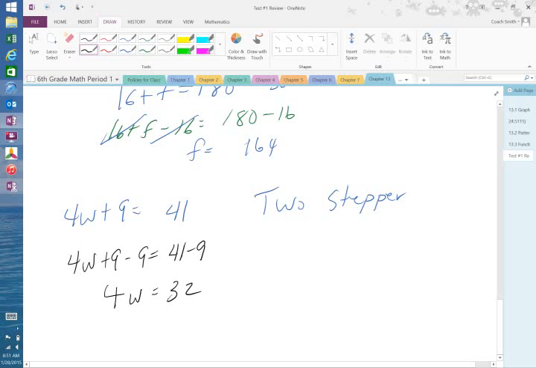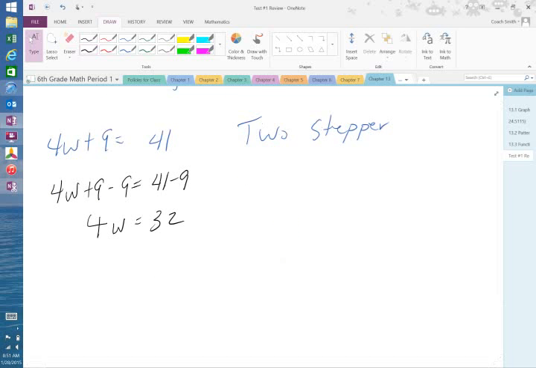Emily? Yes. So we're going to divide by 4. Once again, I don't care which way you show it. I'm going to show it this way, where we do the 4 over 4, and the 32 over 4. The 4 over 4 cancels. 4 into 32 goes how many times? 8 times. So that gives me W equal to 8.